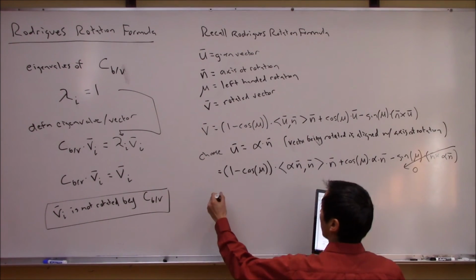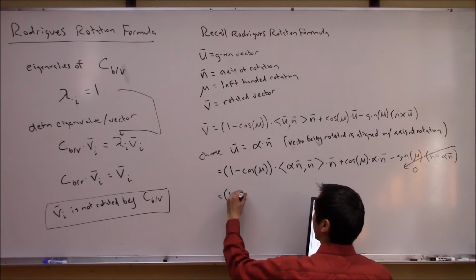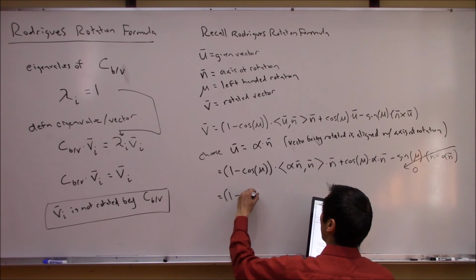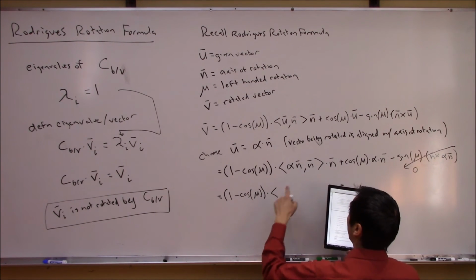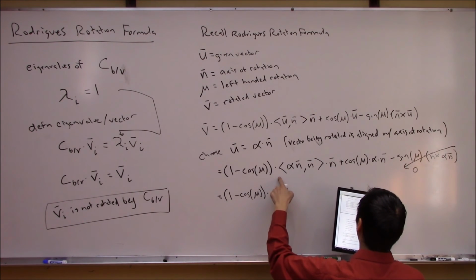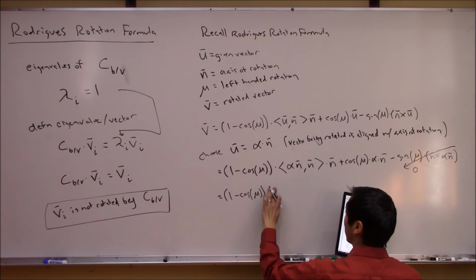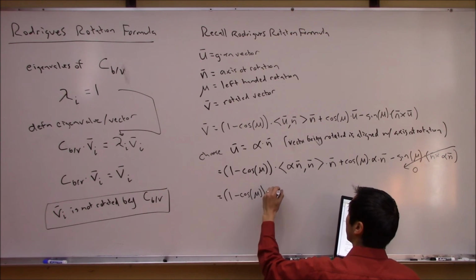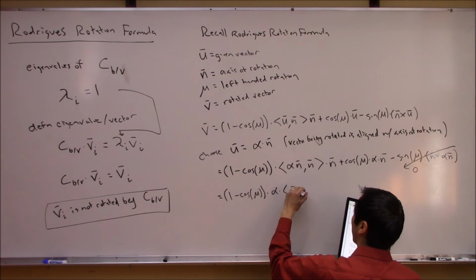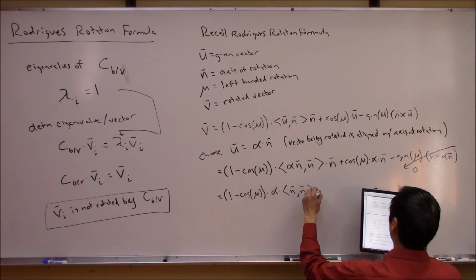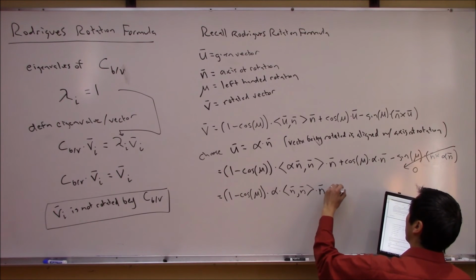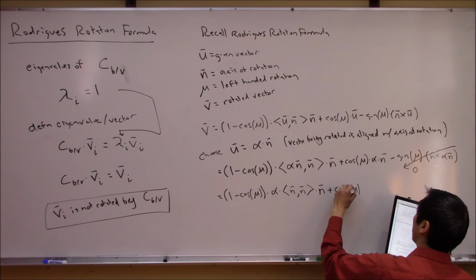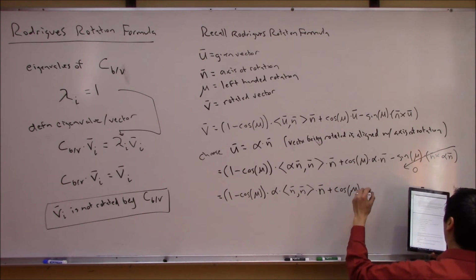So what do we end up with? We have 1 minus cosine of mu times the dot product, and we can pull the alpha out, so alpha times n dotted with n, times n, plus cosine of mu times alpha n.